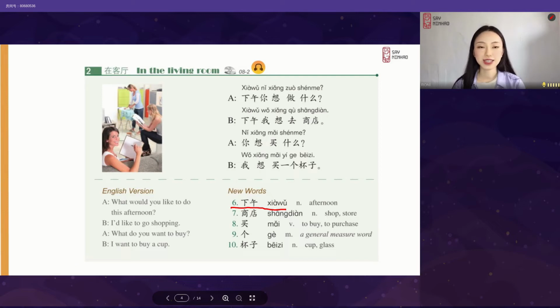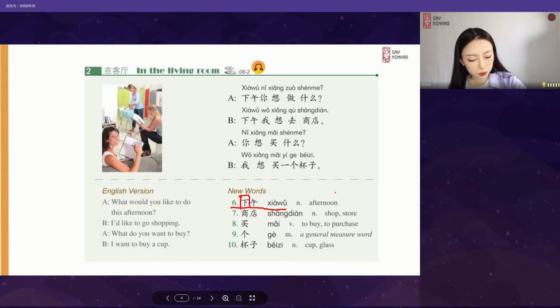Try to say yesterday's afternoon. It is 昨天下午. Next one, try to say tomorrow afternoon. It is 明天下午, right? Okay, very good. 今天下午, 昨天下午 and 明天下午.